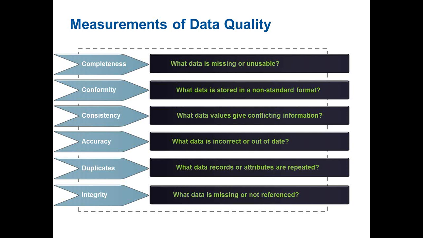The next one is duplicates. What data records or attributes are repeated? Let's say, unfortunately, from the point of entry, one customer's information is entered many times. So basically you are entering duplicate records again and again for so and so reason. It could be that there is no validation check when you are entering the data, or that could be many issues.